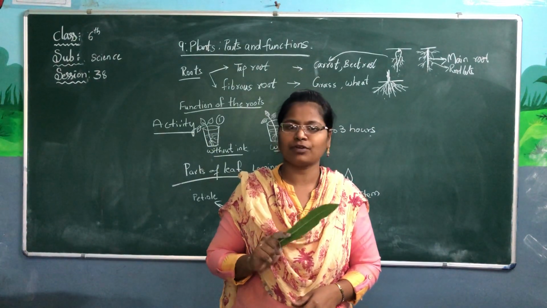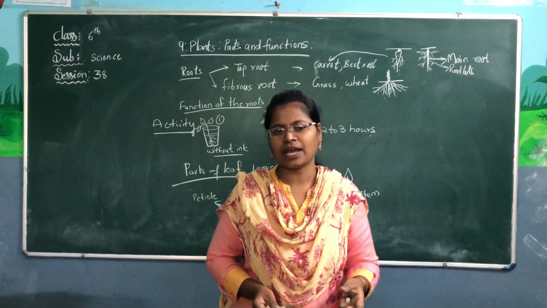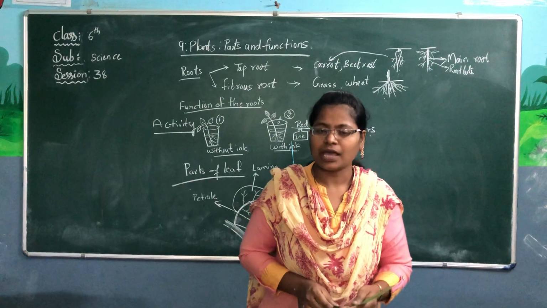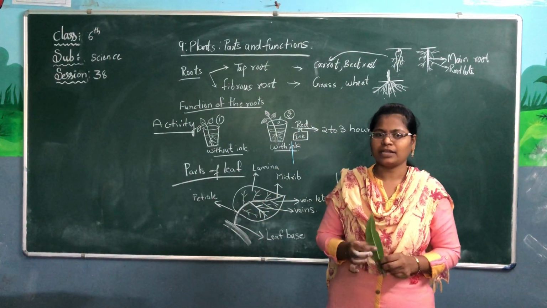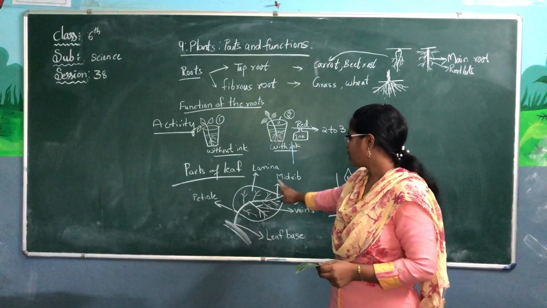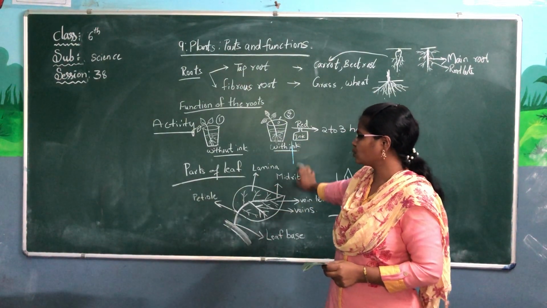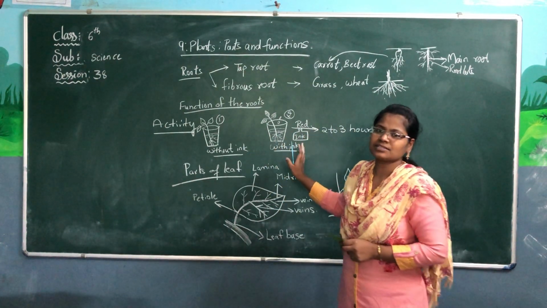I will give those tables as homework later, after a few days. But at present, take any leaf or draw the leaf, draw these two diagrams, and label them. Put these two diagrams in one book along with your name and submit it.